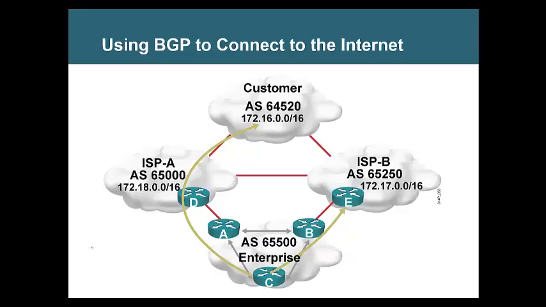Why will BGP be there? Because there will be policy in path selection. For example, this enterprise has ISP A to connect to the customer and ISP B to connect to the customer. Now, when you have multiple connections, you will write a policy saying this is a primary path, this is a backup path.